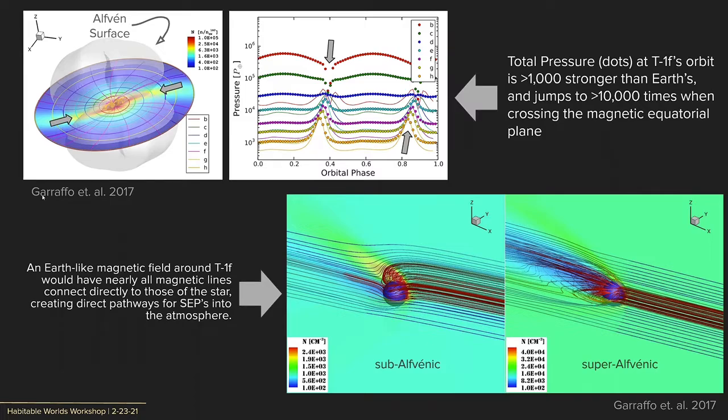That was explored in Garraffo 2017, where they studied the magnetic environment of the TRAPPIST-1 star and the 7 planets around it. We can see here that this plot on the top left is showing the stellar wind density normalized to that of the Sun at Earth's radius, so 1 AU.